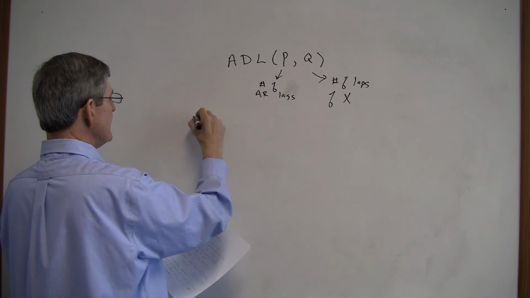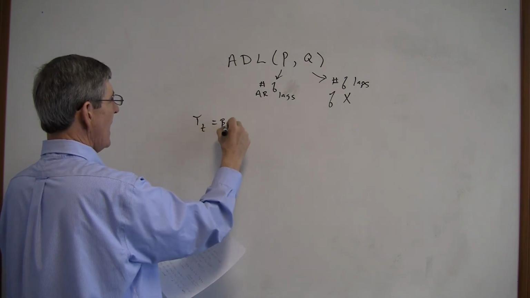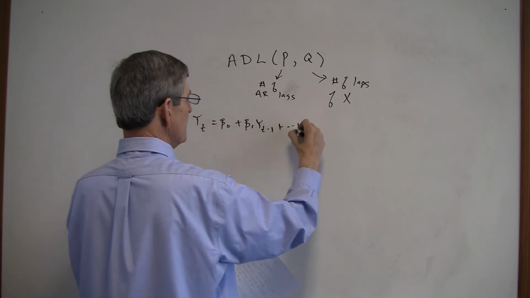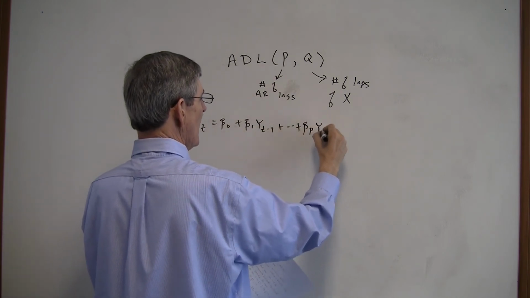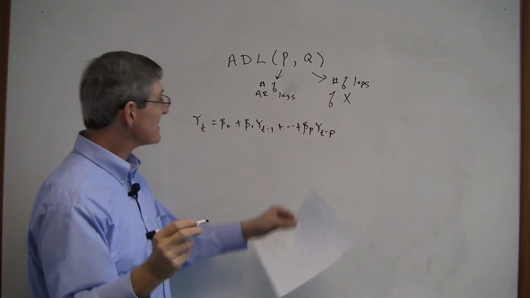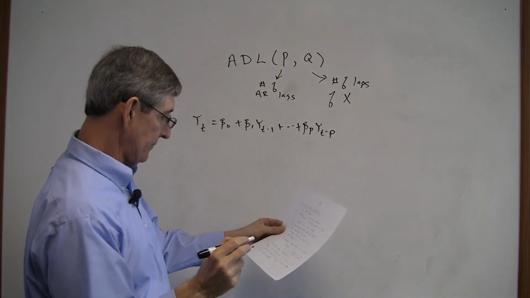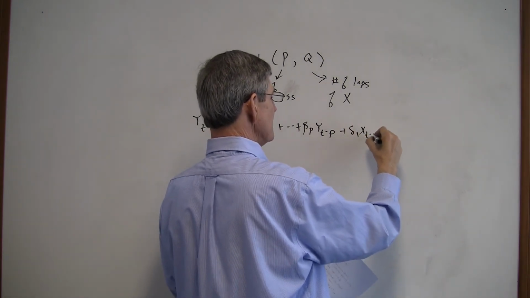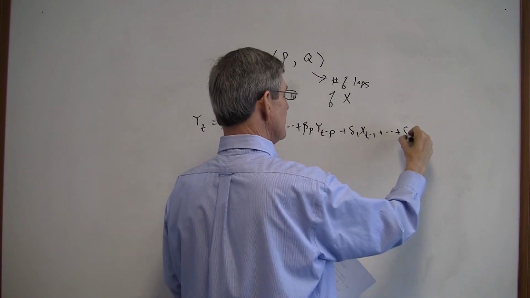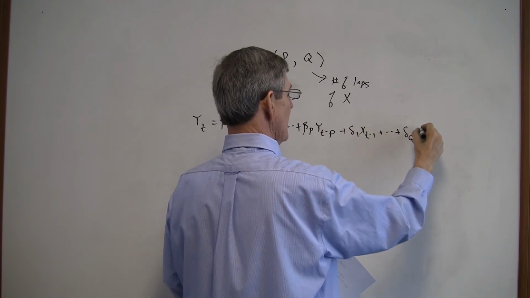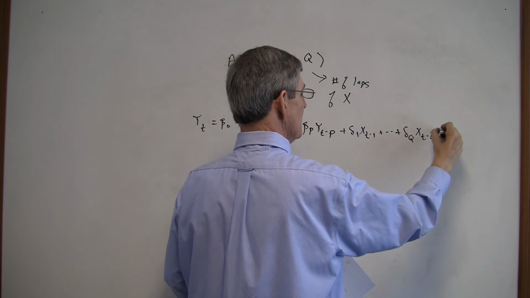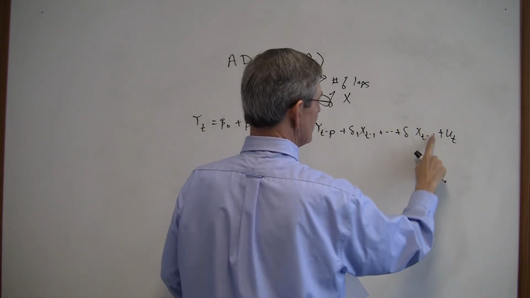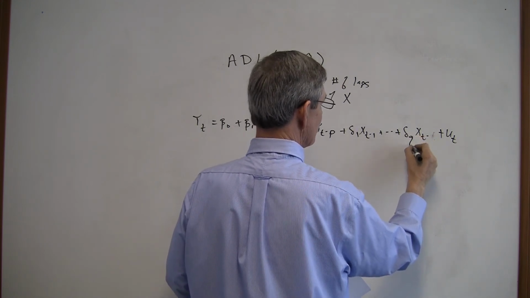So you'd have yt equals beta naught plus beta 1 yt minus 1 plus ... plus beta p yt minus p. That's the p part, the AR lags, plus delta 1 xt minus 1 out to delta q xt minus q plus a ut. I really ought to be making that lowercase because that's standard to make them lowercase q's.